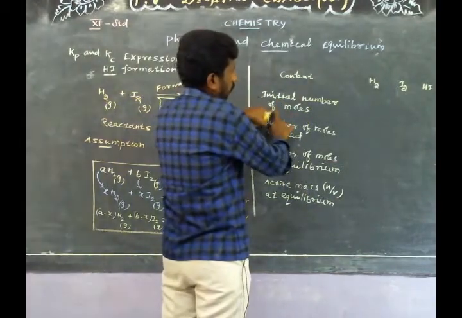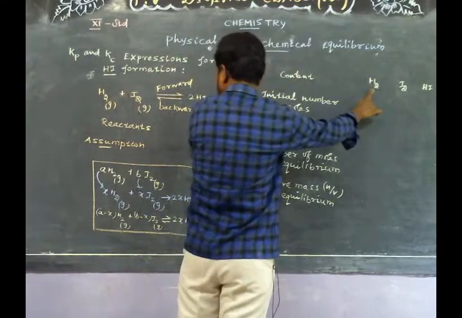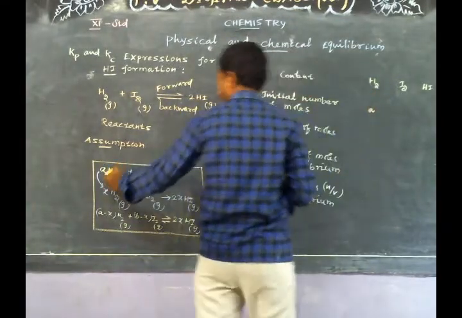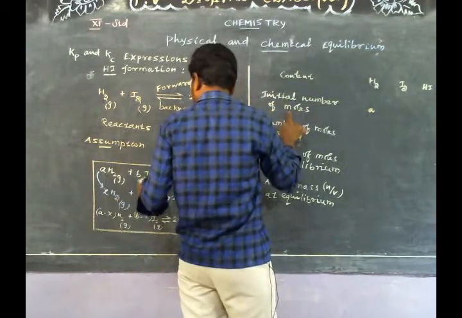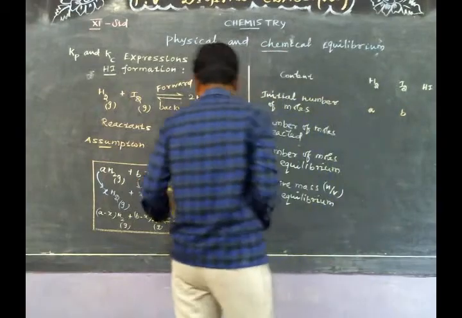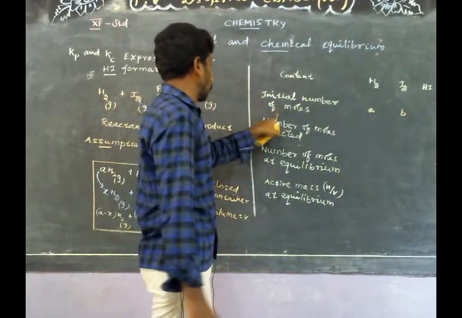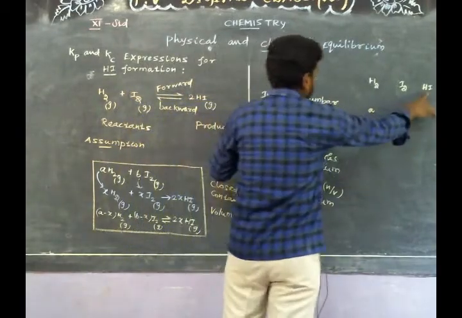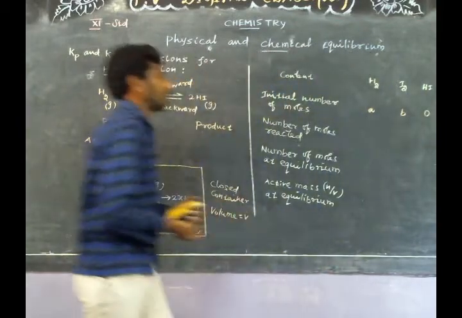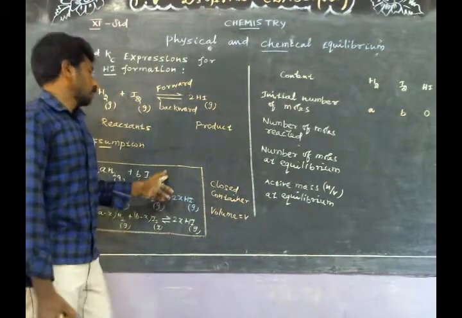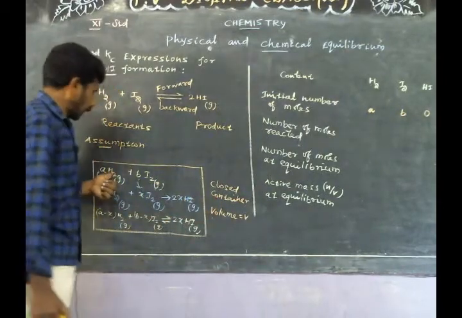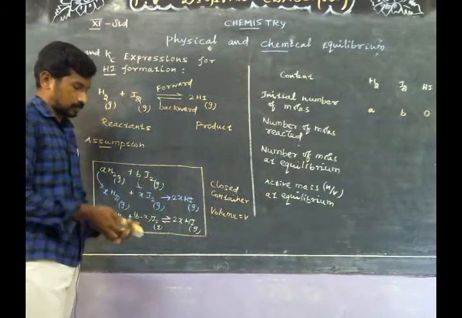Initial number of moles of hydrogen gas is A. Initial number of moles of iodine gas is B. Initial number of moles of hydrogen iodide gas is 0, since initially the reaction container contains only hydrogen and iodine gases.